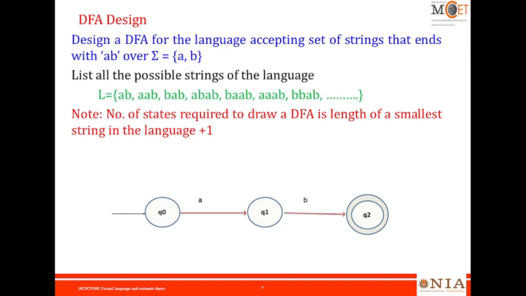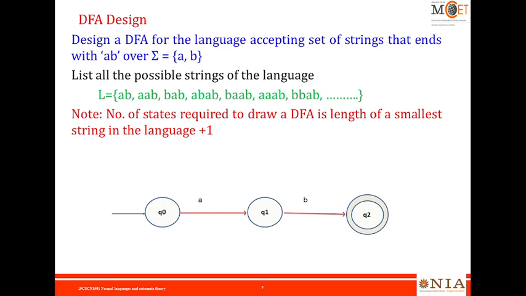Next we process the next input symbol: δ(Q1, B) = Q2. So first we draw the DFA diagram for the given condition, which is accepting the set of strings that ends with AB. Now the condition is satisfied. We processed the first string AB, and it reaches the accepting state and also ends with AB.